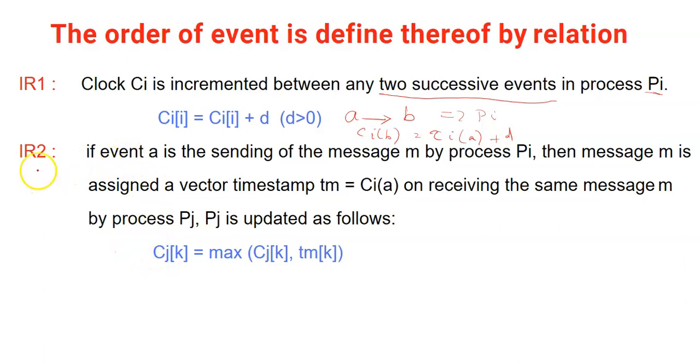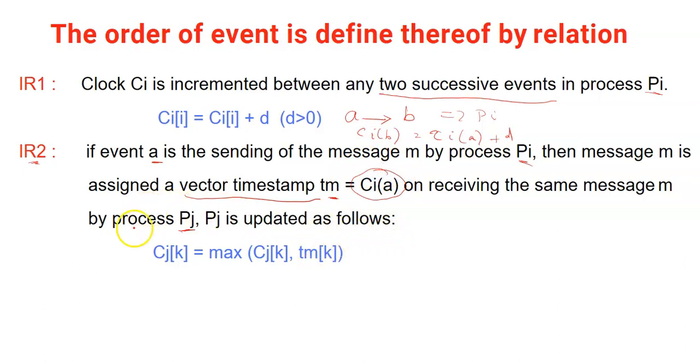And implementation rule 2 says, if events belong to different processes, A is an event belonging to Pi and sends a message M to another event B which belongs to Pj. So event A is sending the message M from process Pi. Then the sending event is assigned a vector timestamp. Always the message will be assigned a timestamp, which is A's clock vector value.